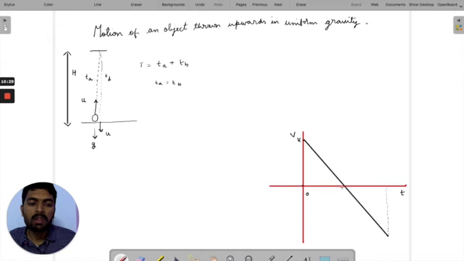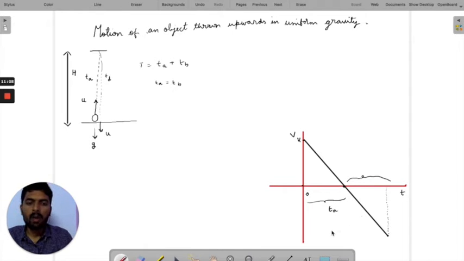The velocity is 0, and therefore this would be your time of ascent ta, after which the object is going to return back downwards, and the time taken by it to reach the final point here would be td, which is the time of descent. So at this point, we are bringing up another very important characteristic of these graphs.